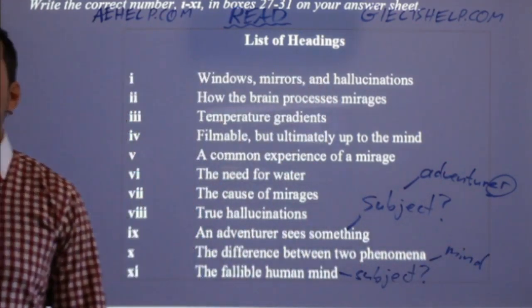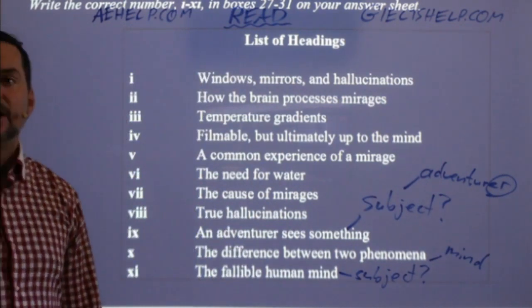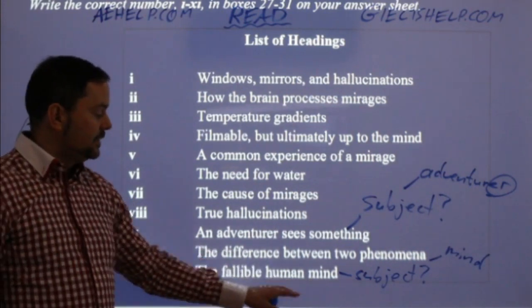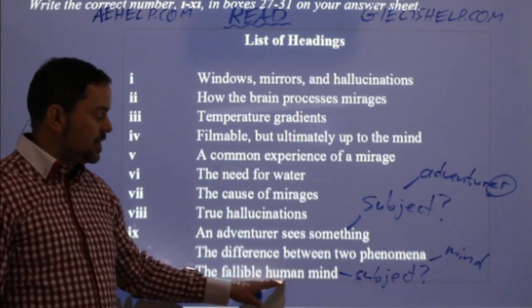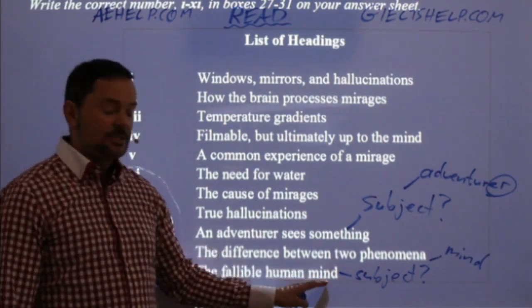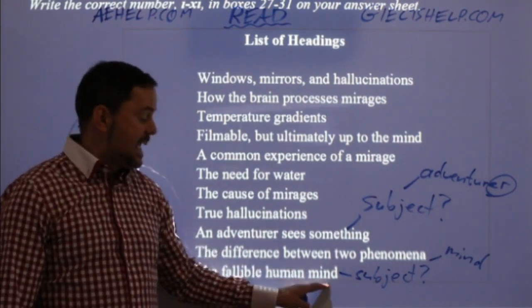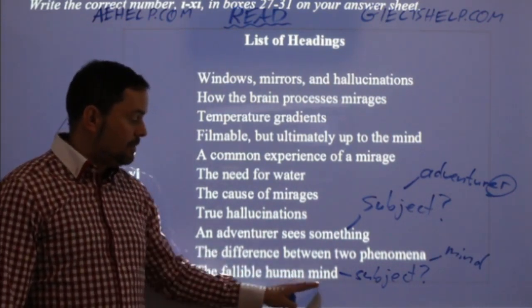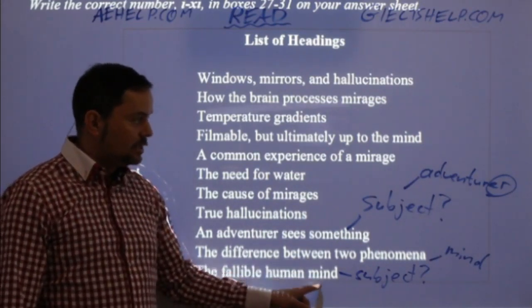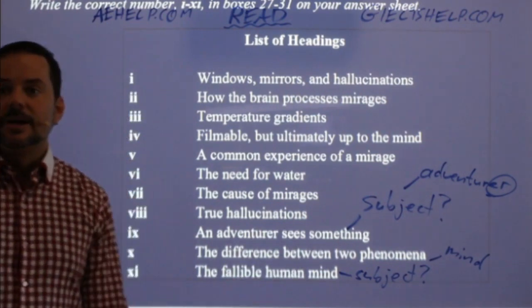And you're absolutely right, okay? Human mind. The human here is not the subject, okay? Human here is an adjective. The mind is the subject because the mind is the noun. So human mind together, you can say is the subject, but the mind is the subject, right?